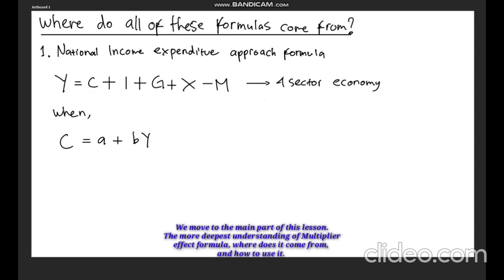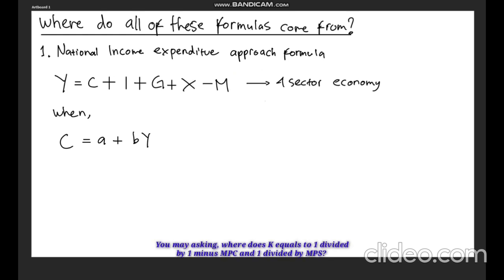And then we move to the main part of this lesson, the deeper understanding of the multiplier effect formula. Where does it come from and how do we use it? You may ask, where does Q equals 1 divided by 1 minus MPC, and 1 divided by MPS, come from?